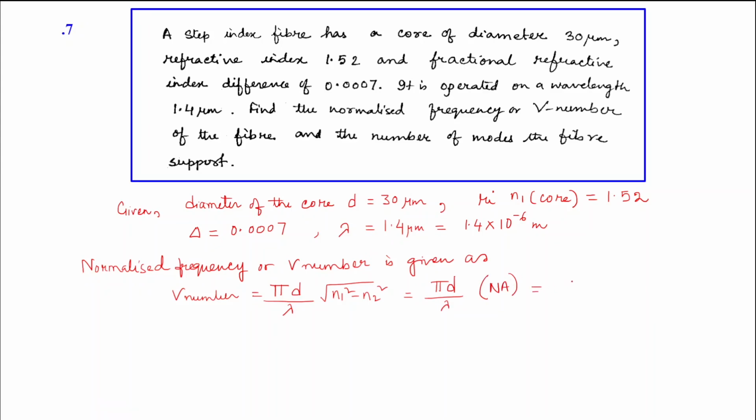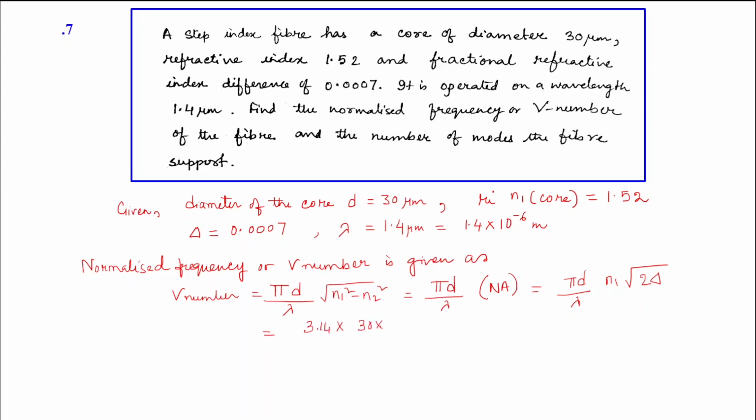Root over n1 square minus n2 square we can write as the numerical aperture. So pi d into NA is equal to pi d by lambda n1 root over 2 del.